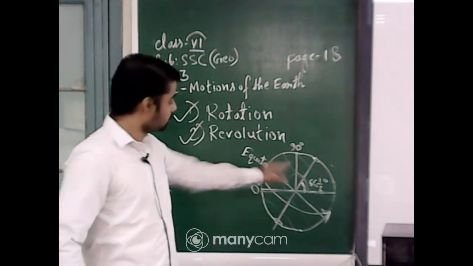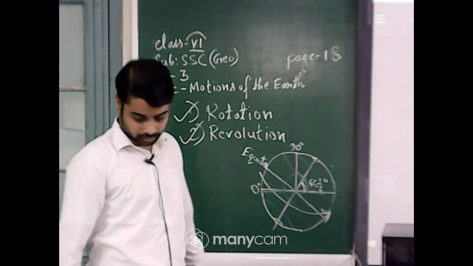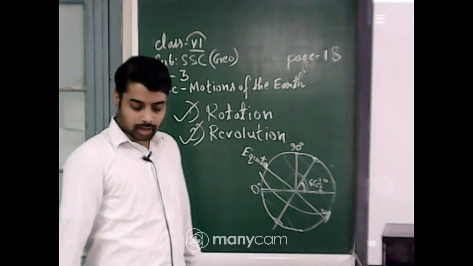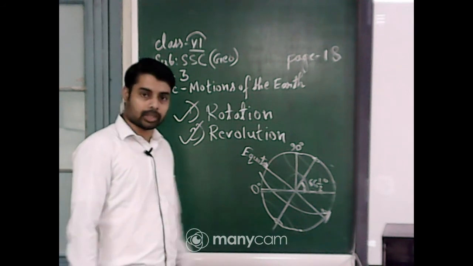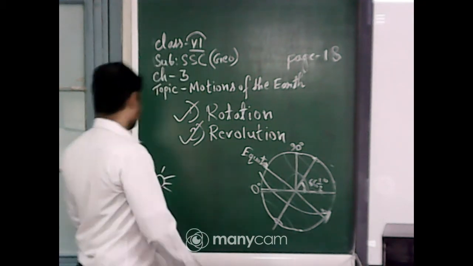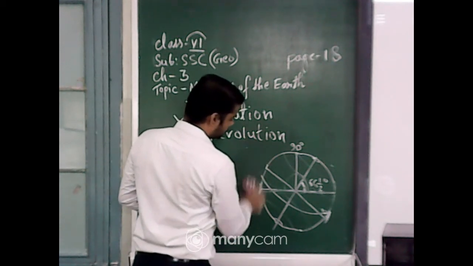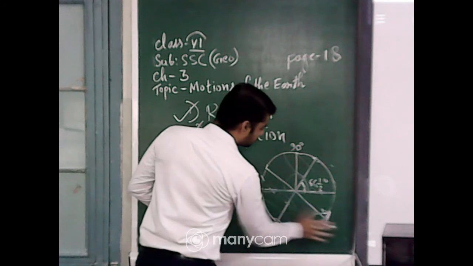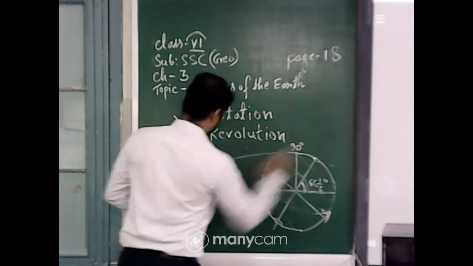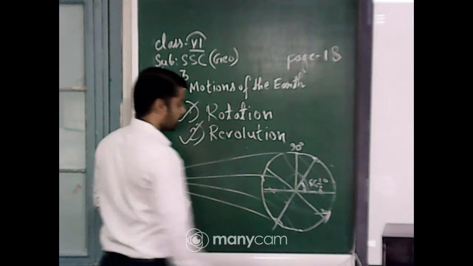Now, this is the orbital plane. Now I am going to discuss how day and night occur because of the rotation. The earth receives heat and light from the sun, and due to the spherical shape of the earth, only one side is lightened.